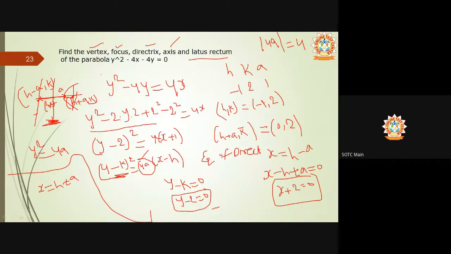So now take it on the left side, it will come x minus h minus a is equal to 0. Tell me the value here by substituting h comma a. X equal to 0. Very good. X is equal to 0. Simple. That's it. So this is your equation of latus rectum.